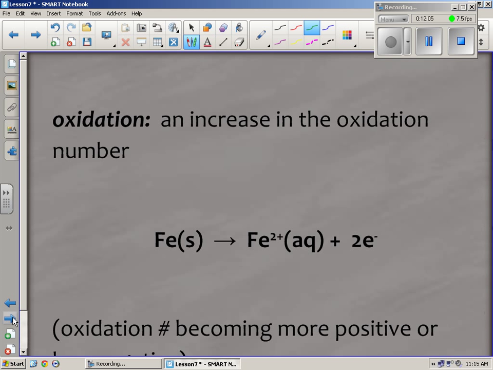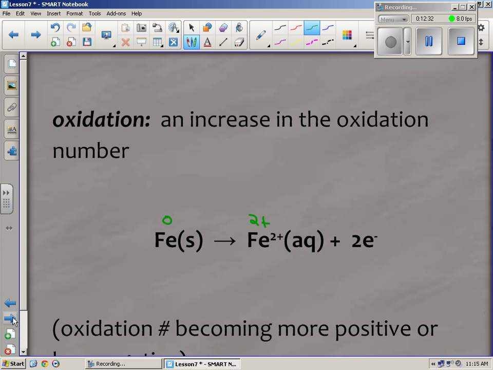So oxidation, of course, we know this already. I tried to get you on that track earlier. If you look at this oxidation, we're going from a 0 to a 2 plus here. Those are oxidation states, oxidation numbers, for an element by itself. You might want to write those down. 0 to 2 plus, we're going up in charge.